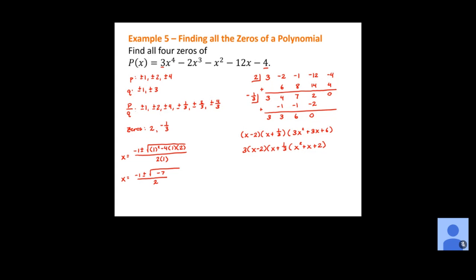And now we can't take the square root of 7, but we can bring the negative out as an i. That's going to give us x equals -1 plus or minus i times the square root of 7 all over 2. So in terms of our zeros now, this is going to be -1 plus i square root of 7 all over 2, and -1 minus i square root of 7 all over 2.